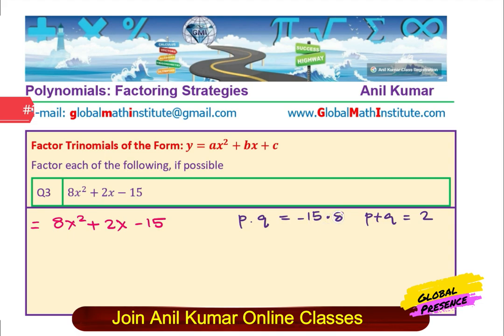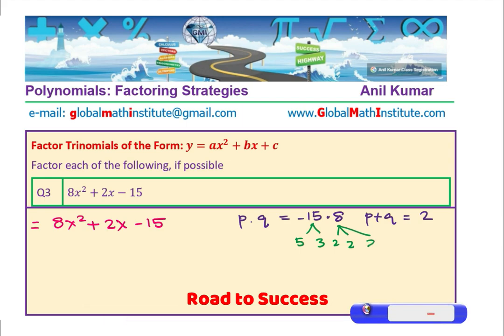So maybe 12 could be a good combination. So what we do here is we again look into the combinations of prime factors, which is 5 times 3 here, and 8 is 2 times 2, right?